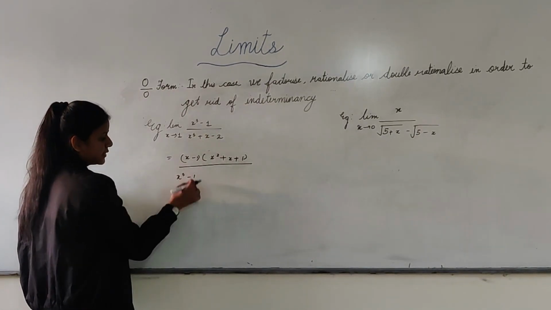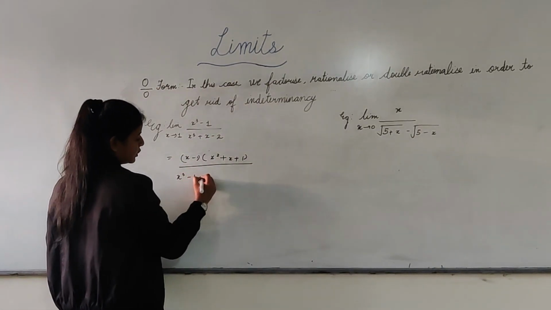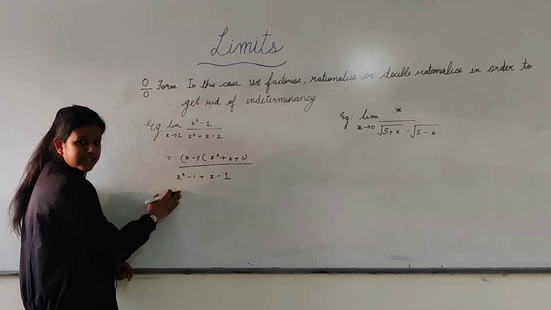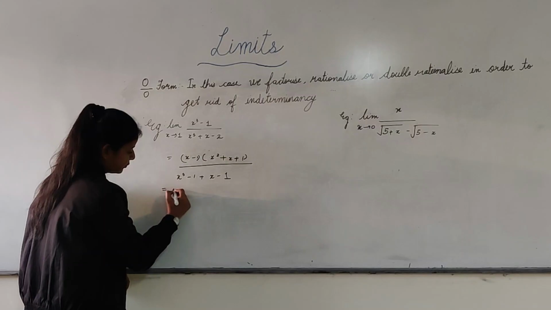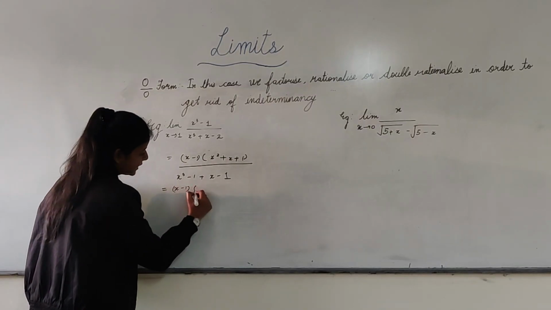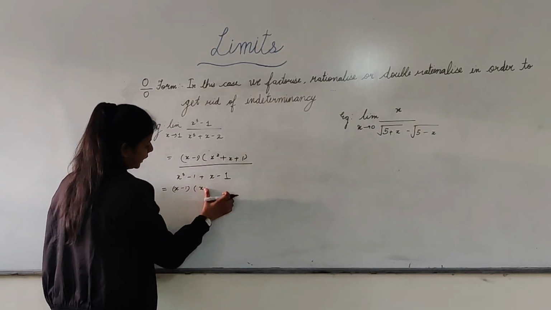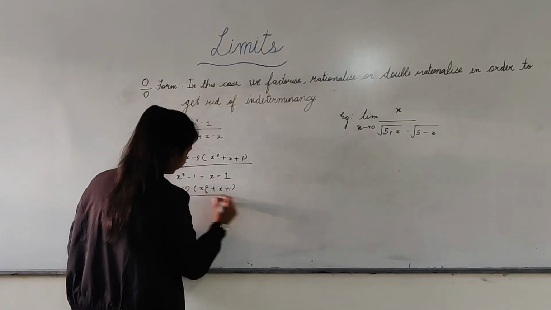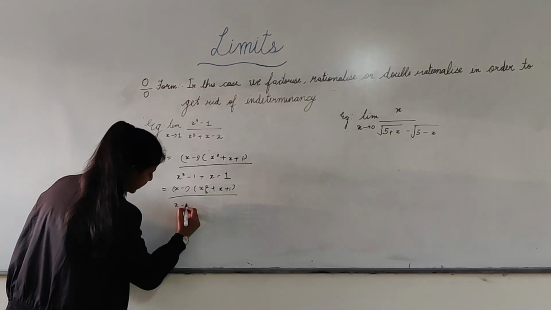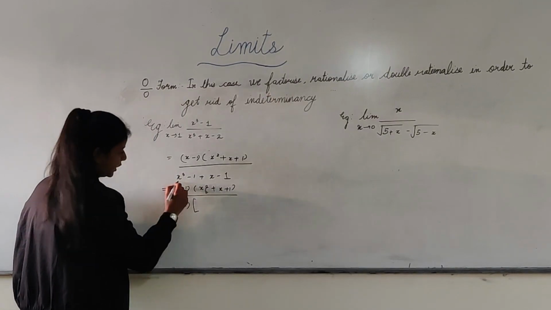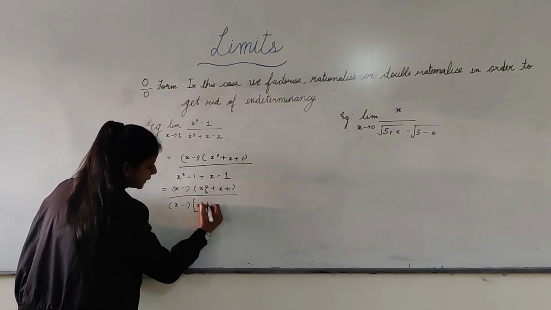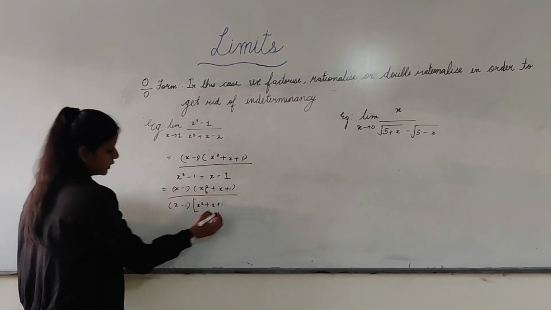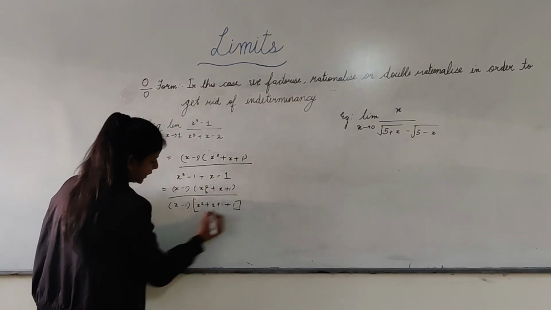Minus 2 can be written as minus 1 minus 1, so x minus 1 is common. So x minus 1 into (x square plus x plus 1) upon x minus 1 into (x square plus x plus 1), and it is also common, so we write here plus 1.